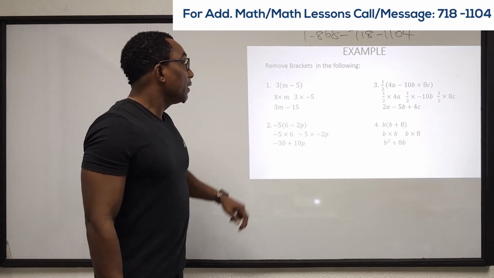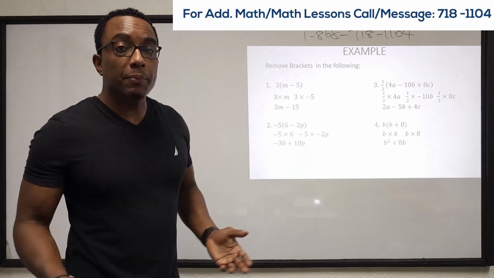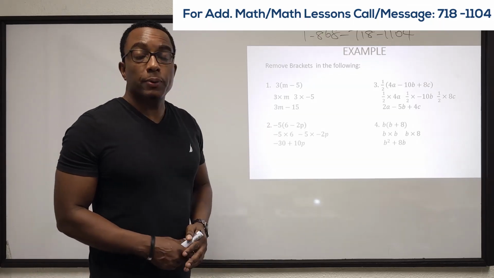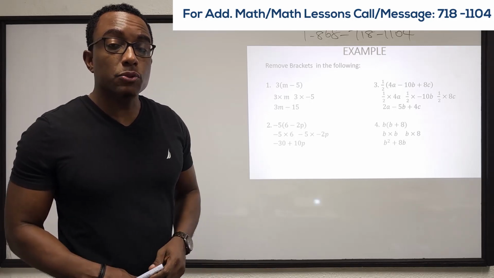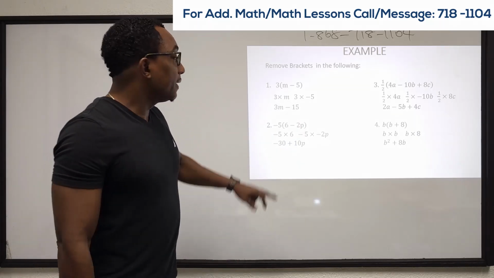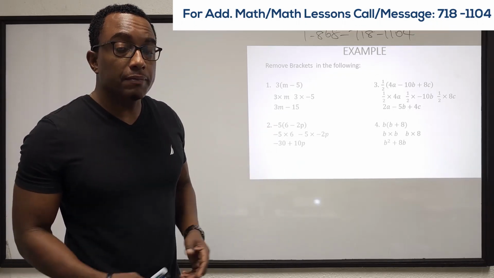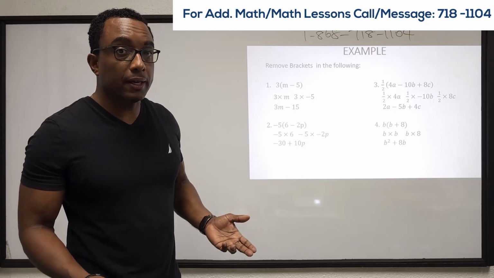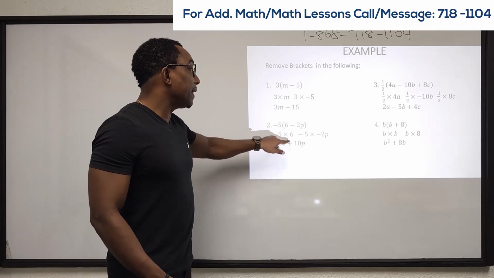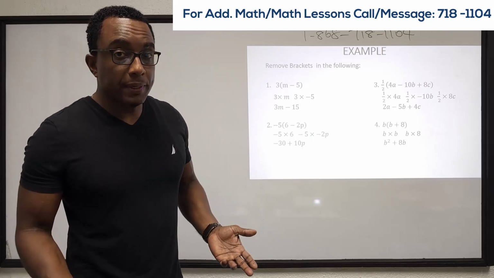If we have a second example, we have negative 5 which is outside of the bracket, and the algebraic expression 6 minus 2p is within the bracket. So to remove this bracket, we're going to multiply negative 5, which is outside of the bracket, by each one of the terms of the algebraic expression within the bracket. So it's negative 5 by 6, and negative 5 by negative 2p.